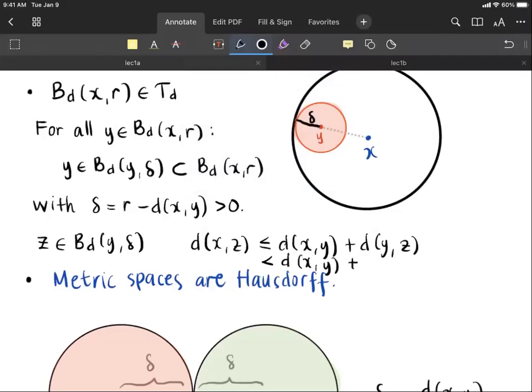The second one is less than delta because Z lies in the ball centered at Y with radius delta. And by definition of delta, this is equal to R, which means that Z belongs to the open ball centered at X with radius R, which establishes this inclusion here.